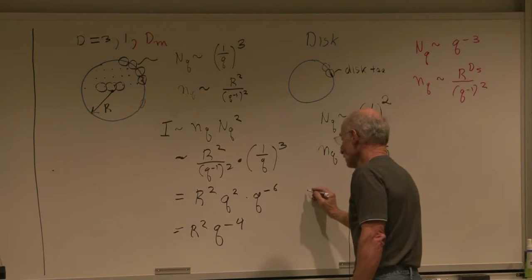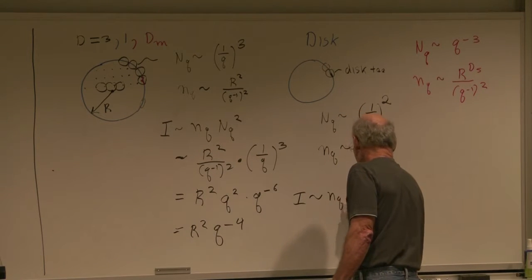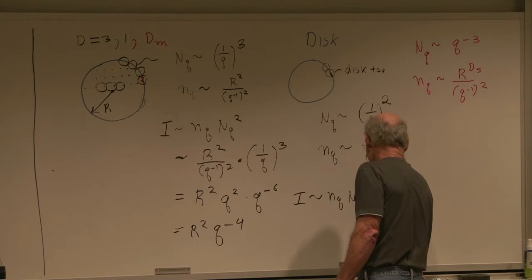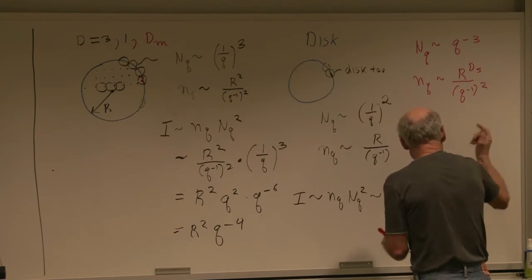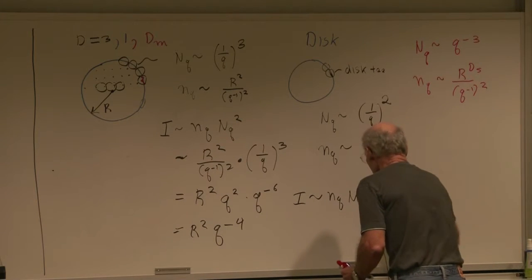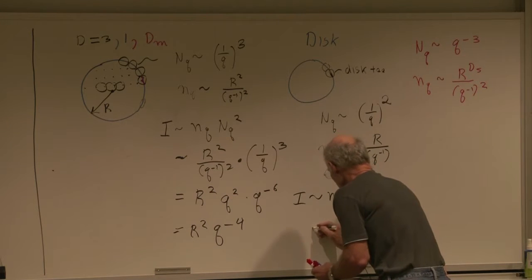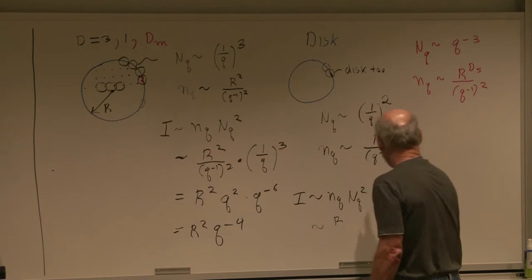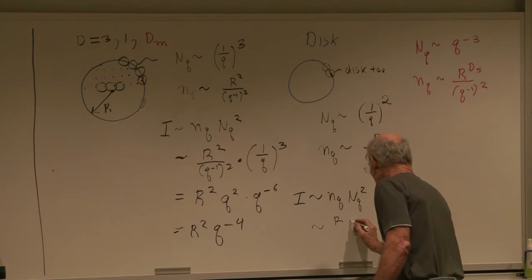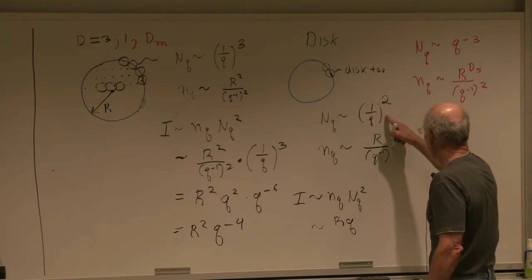So when I put these together for our intensity, I get R times Q. I'm going to square this.